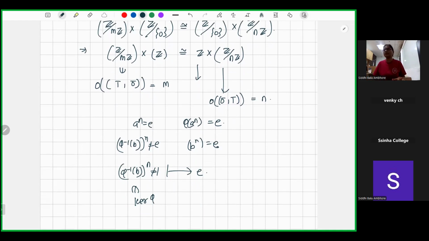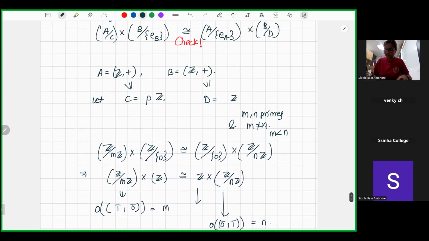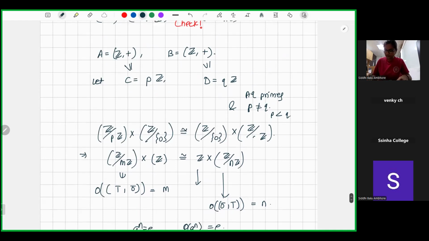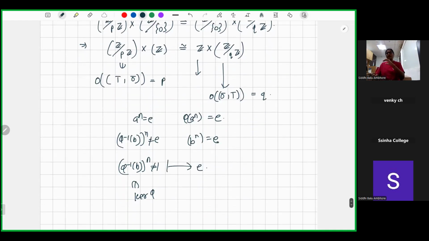Is this understandable, what I'm trying to say here? Or let me just switch to P and Q. That actually helps.